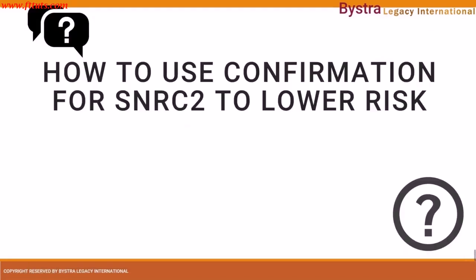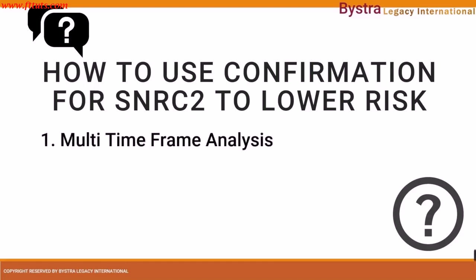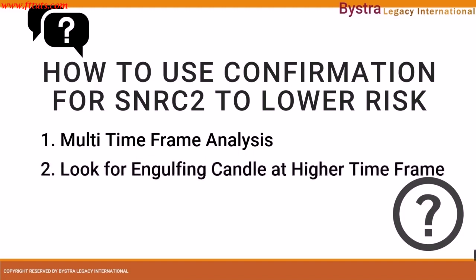So how do we use the confirmation for SNRC2 to lower our risk of trading? First, it's always the multi-time frame analysis. This is the keyword, multi-time frame analysis. Second thing, we must look at the setup at the higher time frame and make sure that it is an engulfing candle.